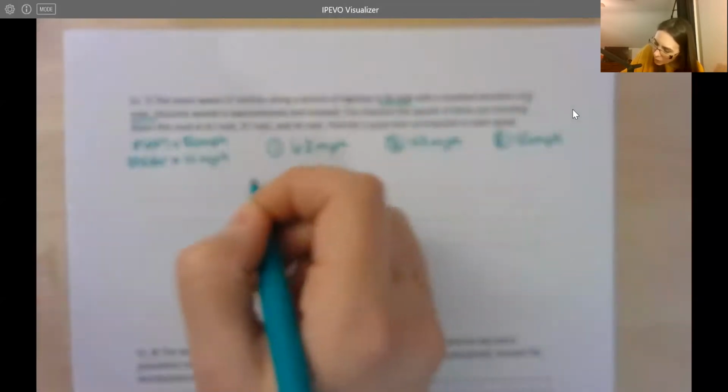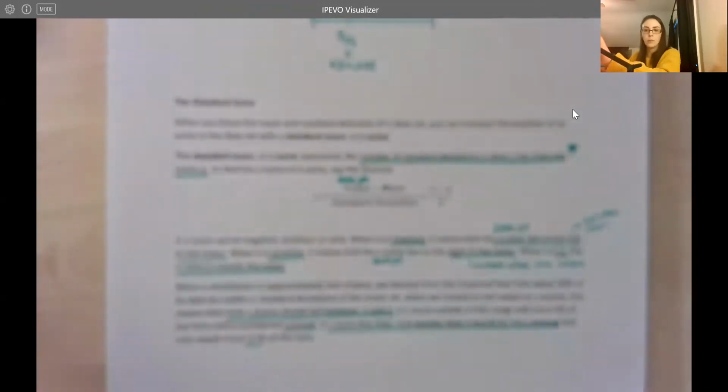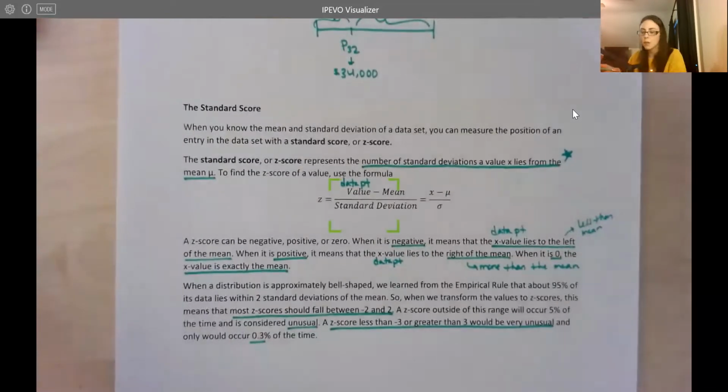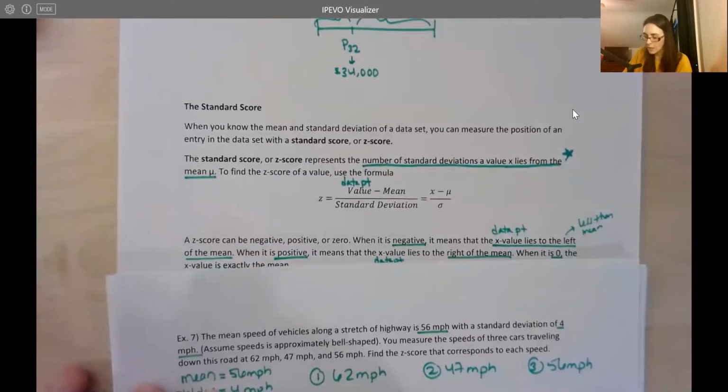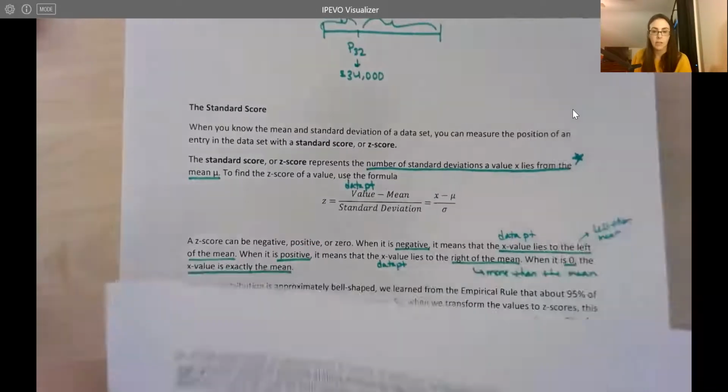Now I'm going to find the Z-score for each case. So if you need to, we can go back to that formula just to review it one more time. So we're going to take our X value and subtract the mean and divide by the standard deviation.